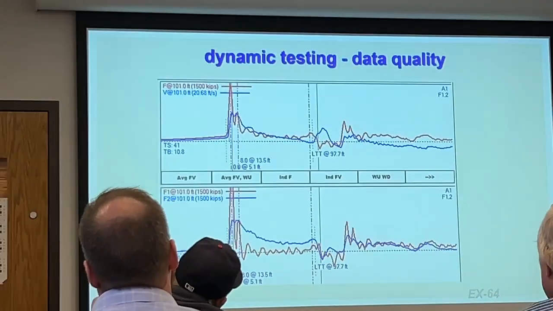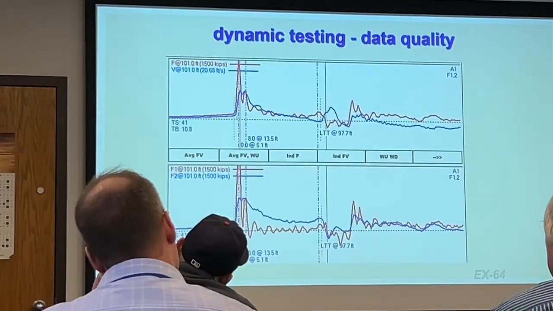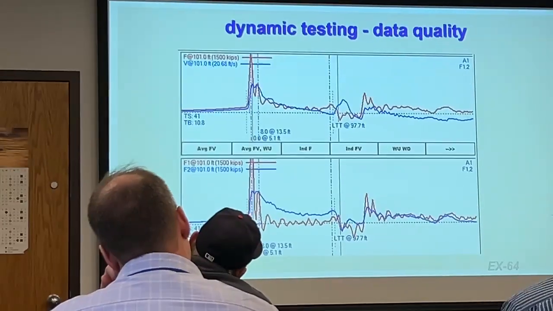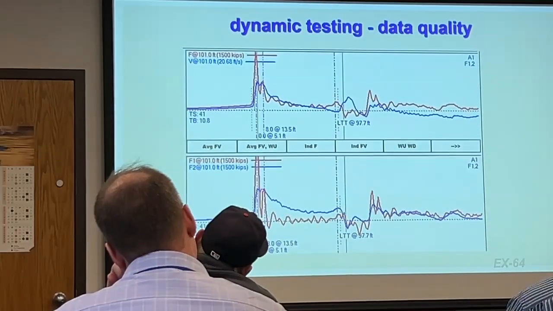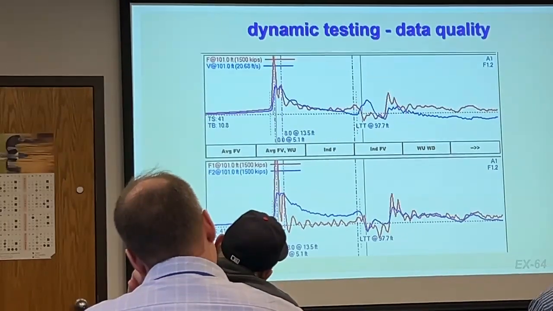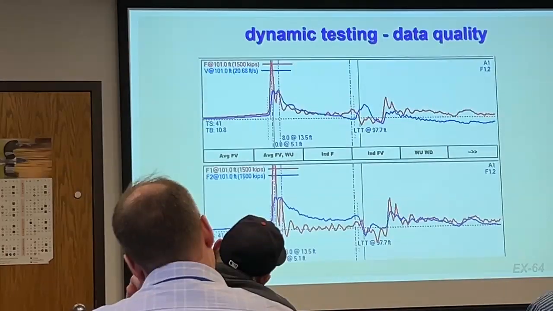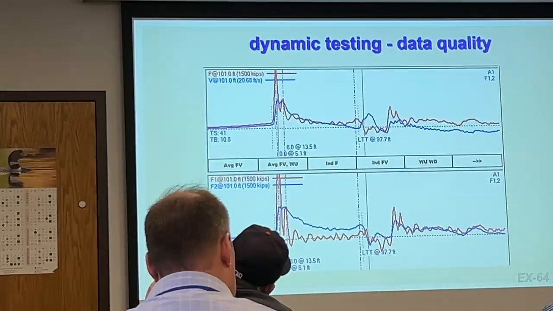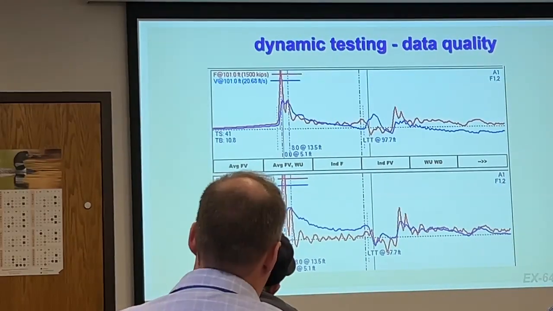In that same scenario, the energy is probably at 200. So if we look at the individual forces, we see the blue second force is very nicely of a similar shape to the velocity. But our force 1 is very spiky and has very high frequencies in it.